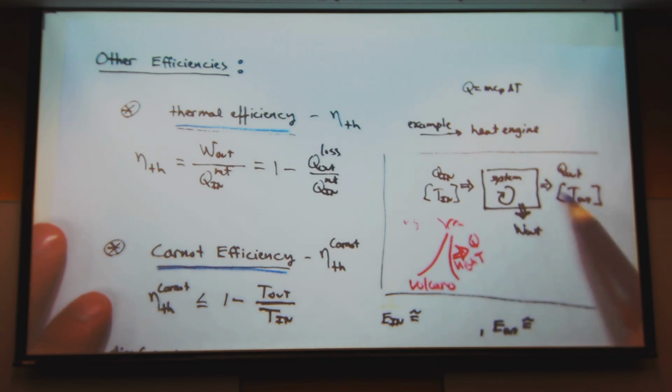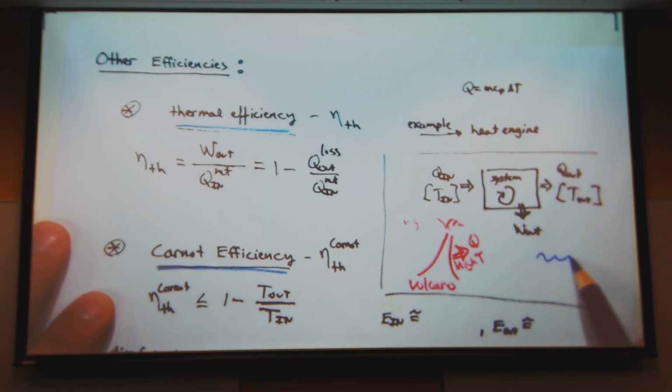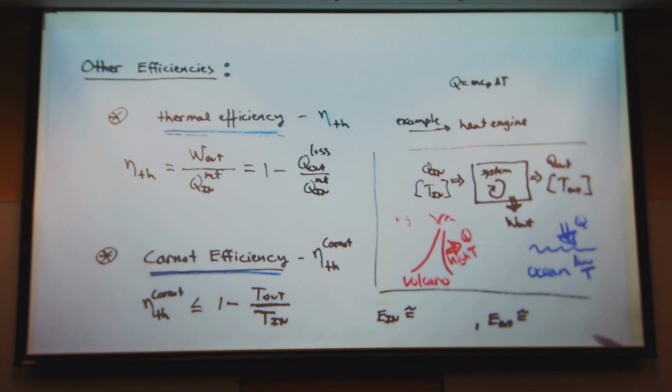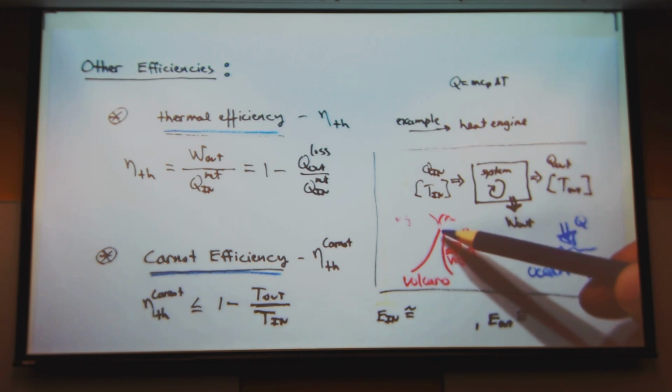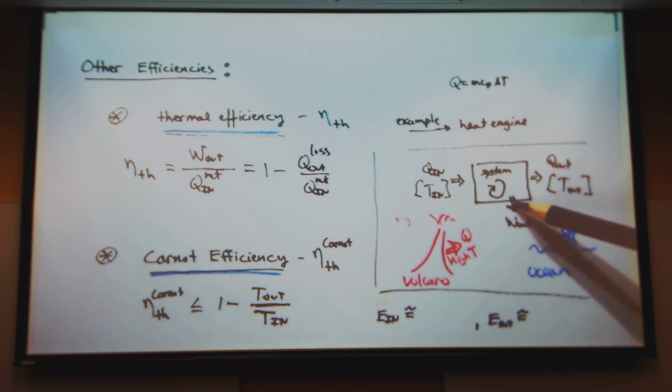And then this heat engine has to reject this, and I reject it into the ocean. Okay? So then I got some heat coming in at low T, right? So I have some engine that works, and I take the high energy heat from a volcano, and I do some work with that, and then I reject the remaining stuff to the ocean.